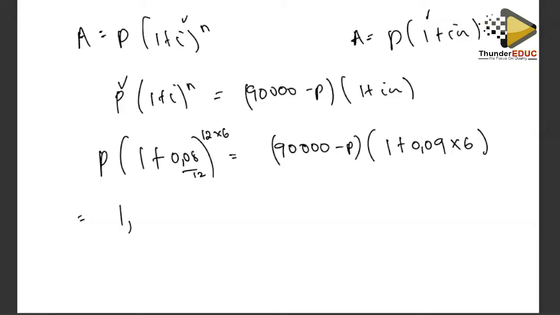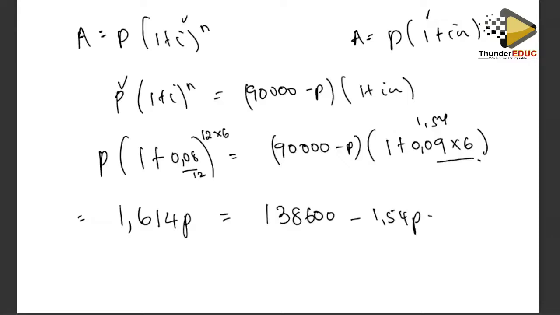I'm getting 1.614P when I simplify that bracket first. For 0.09 times 6, I'm getting 1.54. I'll open up, so 1.54 multiplied by 90k, I'm getting 138,600 minus 1.54P. I'm going to move this one to that side.